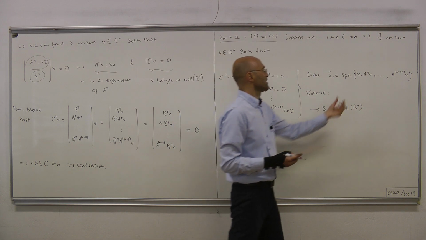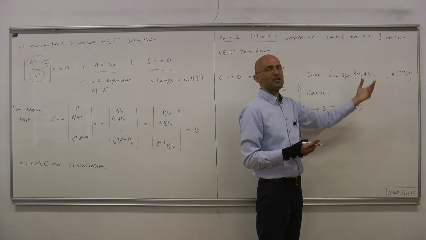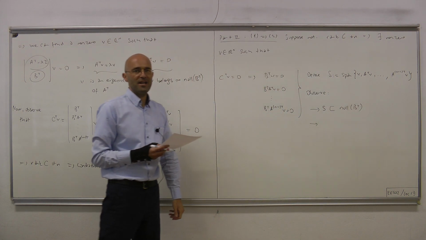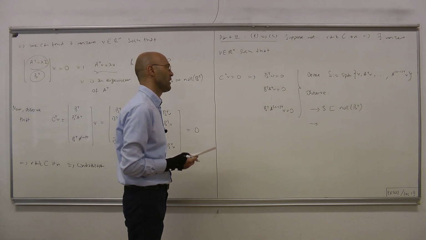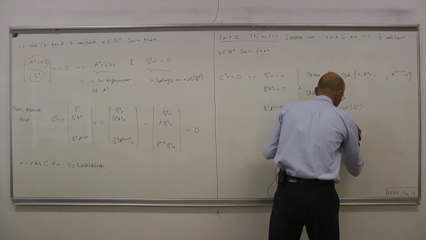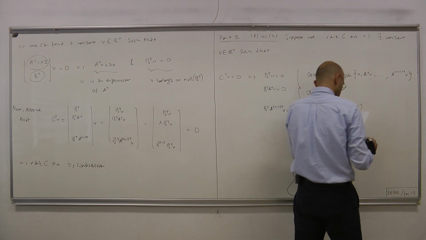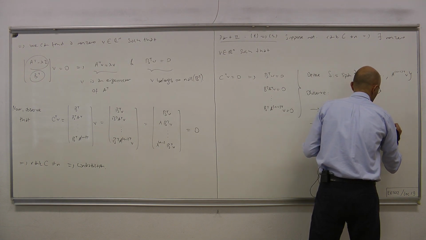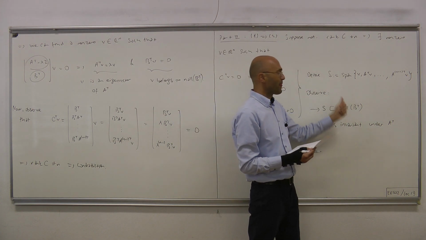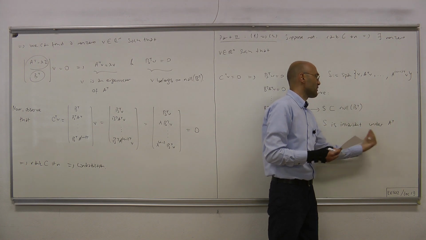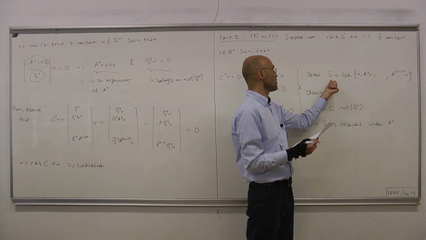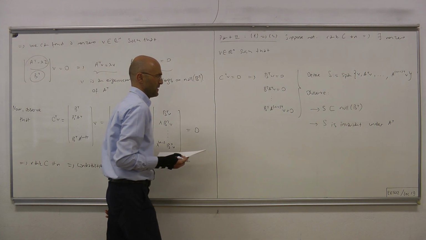Therefore, take any vector from this subspace, multiply by A transpose, and it must again belong to this subspace. In other words, S is invariant under the matrix A transpose, which means that for any vector X from S, A transpose times X is a new vector that must also belong to this subspace.